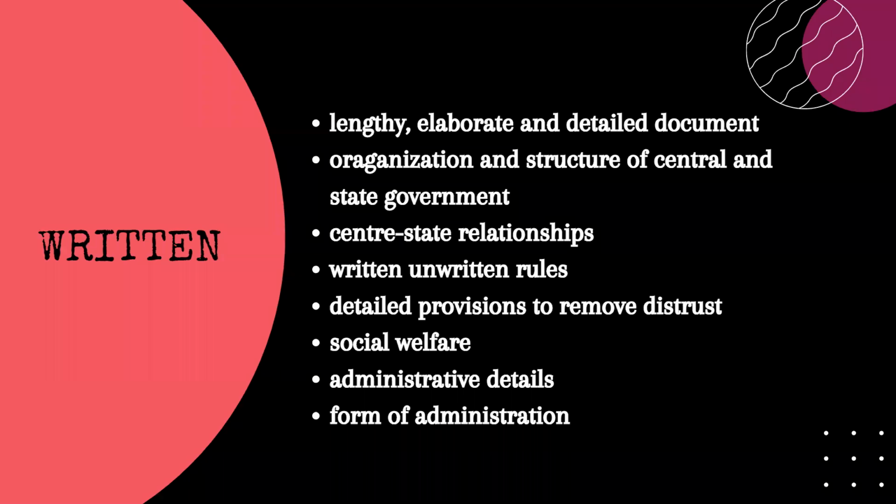Next, since there are so many communities and groups in India, to remove distrust among them, the Constituent Assembly makers felt it necessary to include in the Constitution detailed provisions on the fundamental rights, safeguards to minorities, scheduled tribes, scheduled castes, and backward classes.